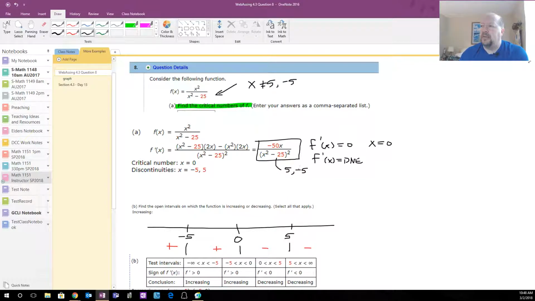However, the problem is that these are critical points. I know they're called critical numbers here, but they're actually supposed to be points on the original function. Since 5 and negative 5 are not in the domain of the original function, they cannot be called critical, because they're not actually points on the graph.